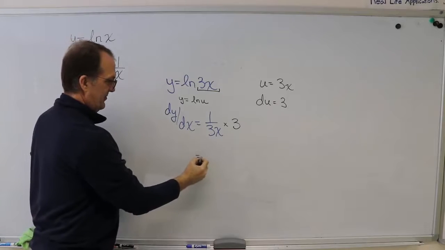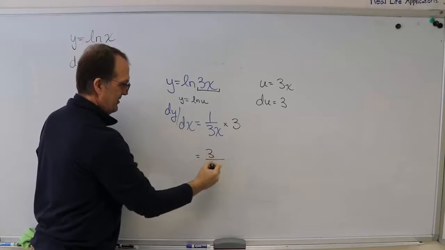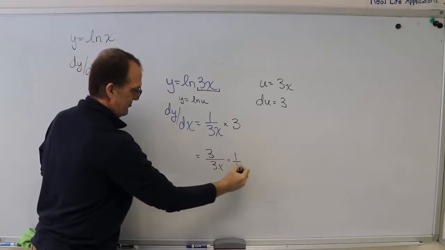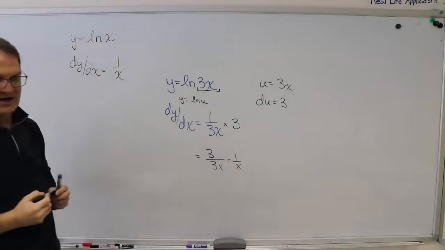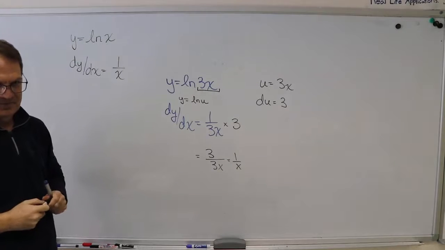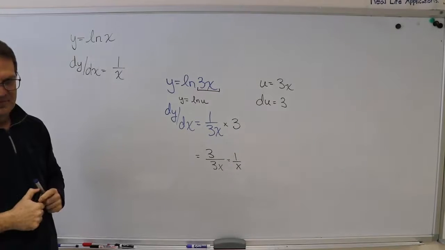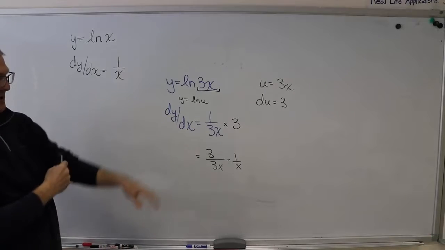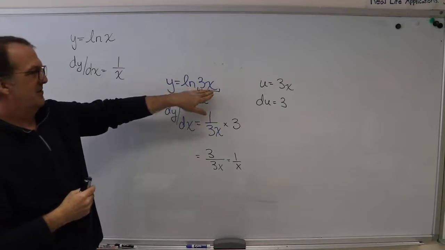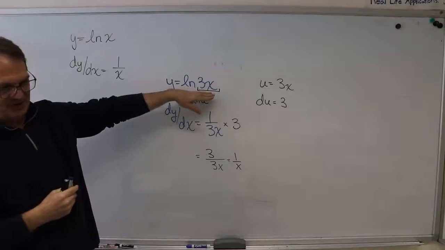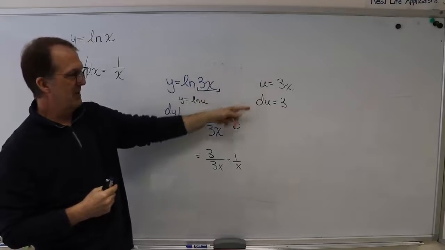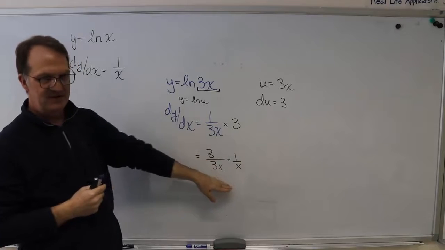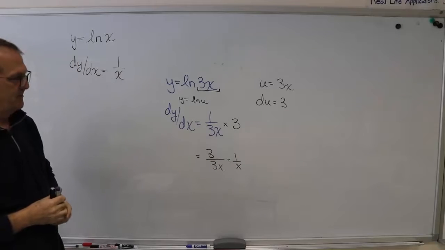And so this turns out to be 3 over 3x, and we simplify that as 1 over x. So this is how it's going to be complicated: you'll be given something inside the natural log that you have to think about the chain rule and taking the derivative, and then simplifying what's left over.